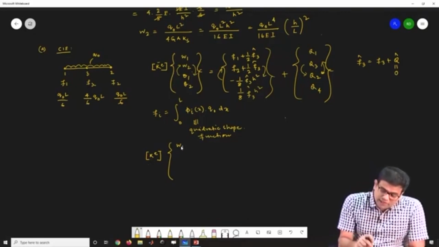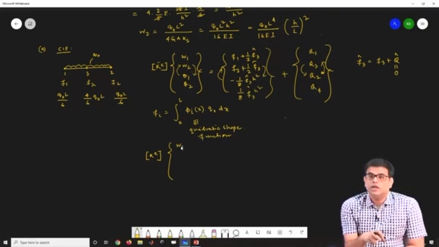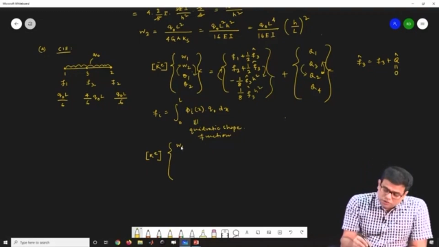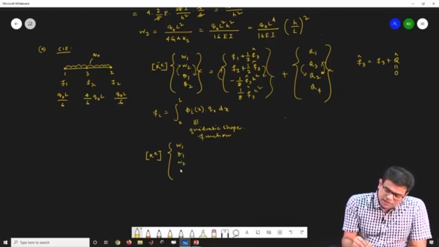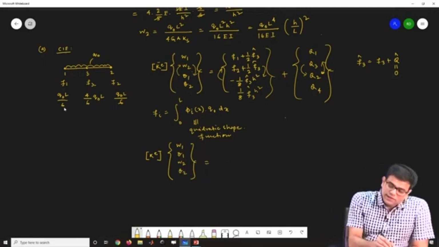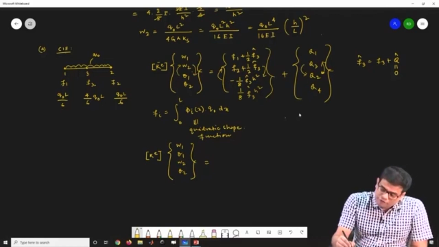So now this stiffness matrix is equal to the reduced stiffness matrix, the reduced integration element, which we derived earlier. So W1, theta 1, W2 and theta 2, and then let me derive for the first element.